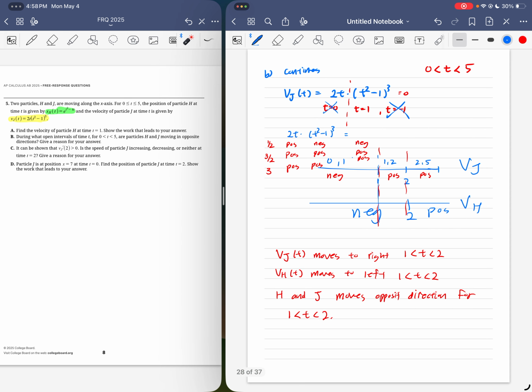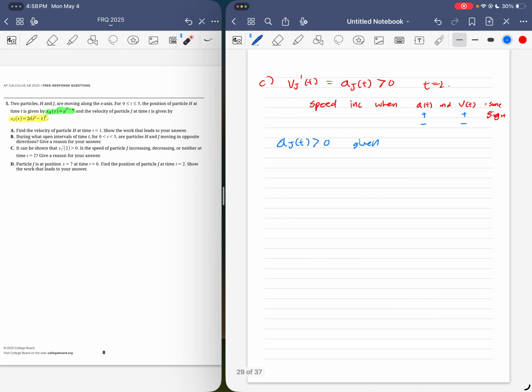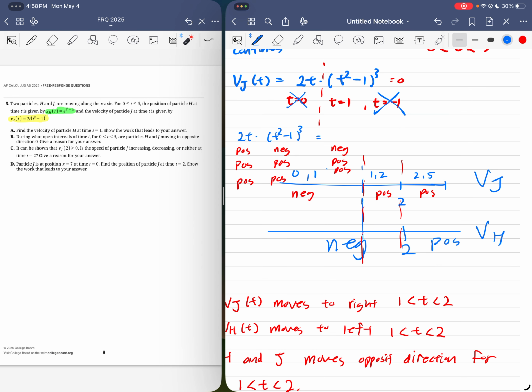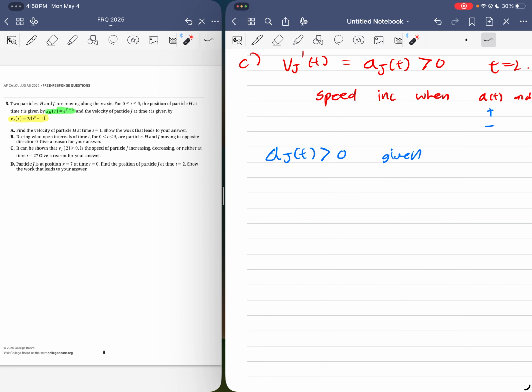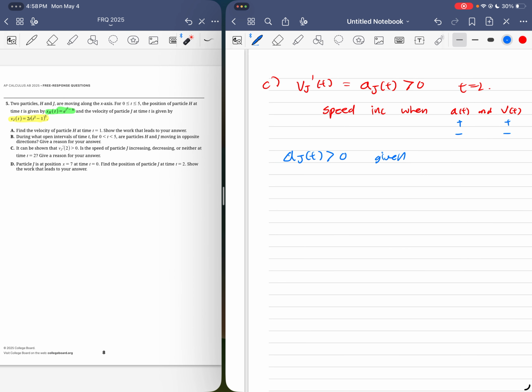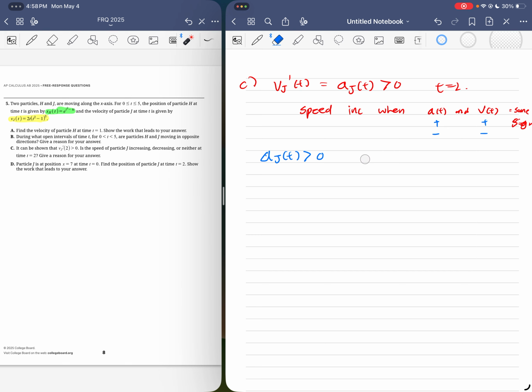I'm pretty sure at time equals 2, oh wait, is it j? Yeah, it's j. Do you see the velocity of j is positive right here? And we know the velocity of j of t is greater than 0 at t equals 2.